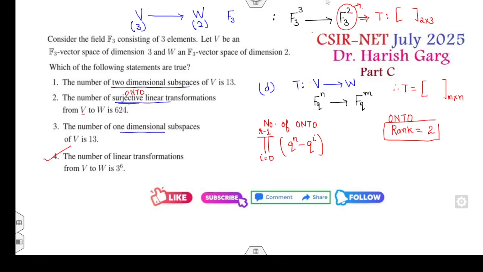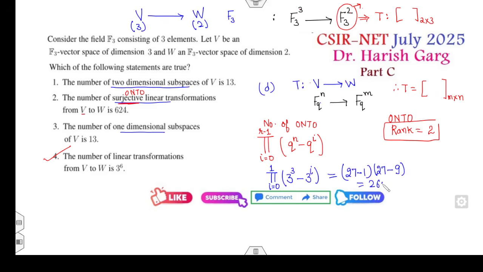Now in this case, what is the rank? Rank is 2. That means your answer is the product from 0 to 1 of Q to the N, that is the domain, 3 raised to power 3, minus 3 raised to power I. So if you open them, it's 27. When you substitute 0, it's 1. 27 minus 3 raised to power 2 is 9.